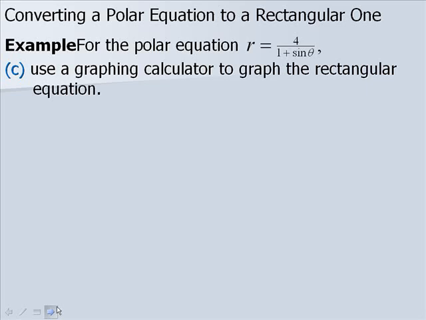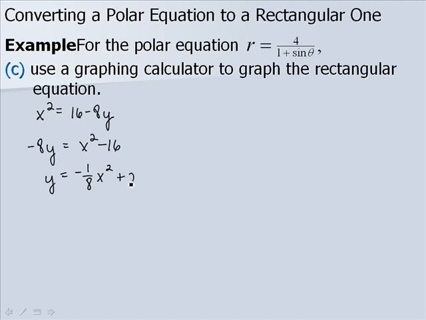Now let's graph the rectangular equation. So remember that our rectangular equation, we had x squared was equal to 16 minus 8y. So when we solve this, we'll get that negative 8y is equal to x squared minus 16, or that y is equal to negative 1/8 x squared plus 2.